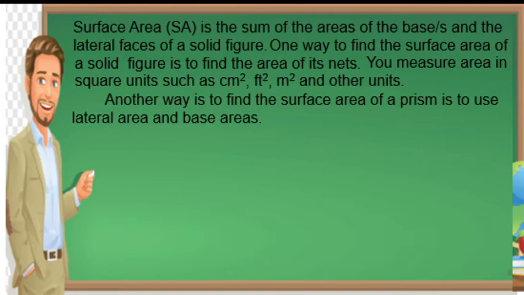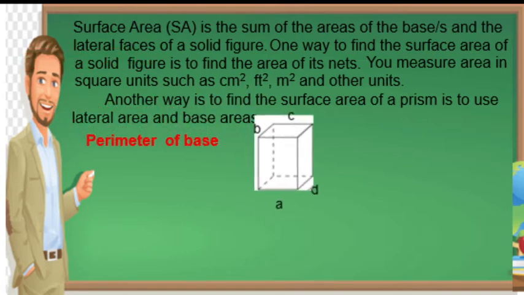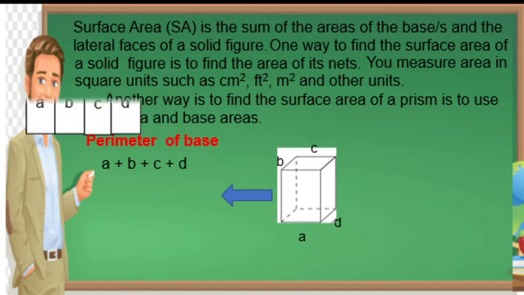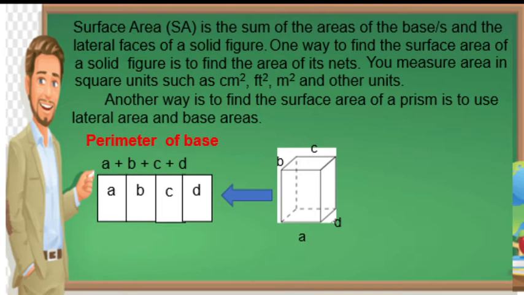Considering that we have this box again, getting the perimeter, of course, let's name the sides A, B, C. As we all know, the perimeter is the measurement around the object. So the perimeter is equal to A plus B plus C plus D. Let's open it.